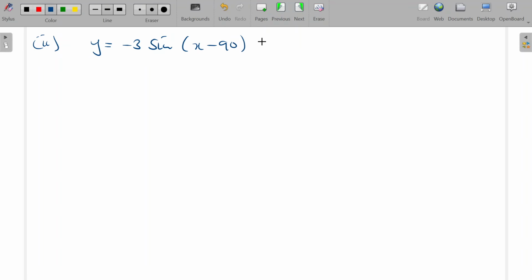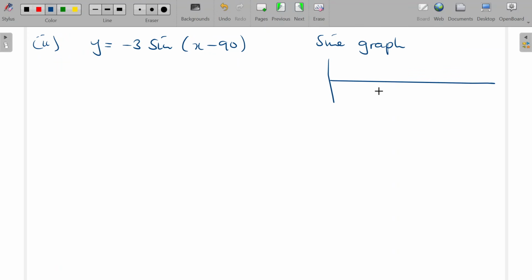There's nothing on this side, so there's no vertical shift. They want you to sketch this. So what are you supposed to know when you're sketching? You're supposed to know the normal graphs, for example the sine graph. Since here there is the sine, we're going to check the sine graph.